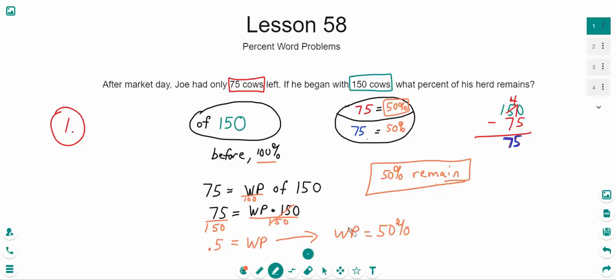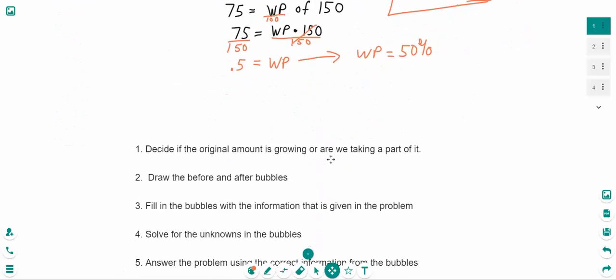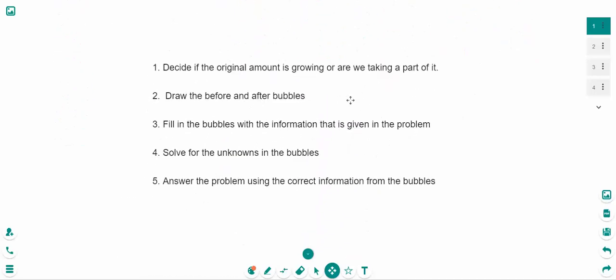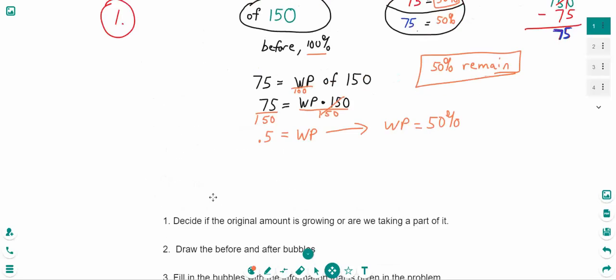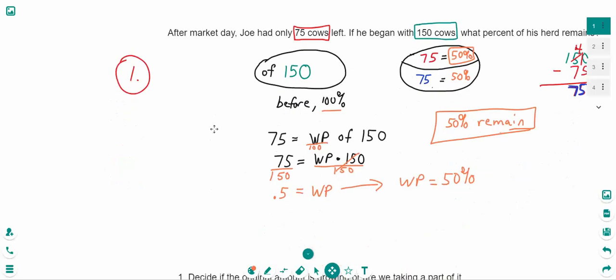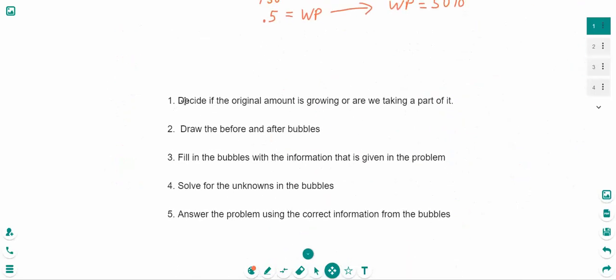Okay? All right, so we've been doing problems like this before. We're just emphasizing the importance of using these diagrams. And so below this, I want you to take out your math notebook and write these in here, okay? Maybe title the page percent word problems, and then draw or write in these steps.